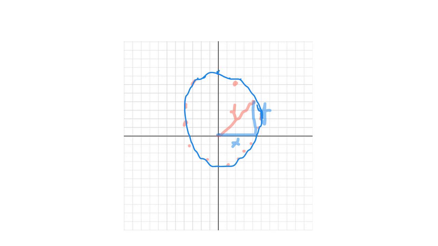Now notice that this is a right angle, since we have vertical and horizontal lines, and the triangle is a right triangle.